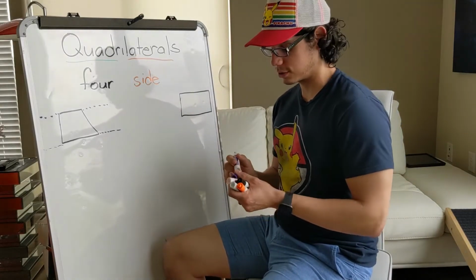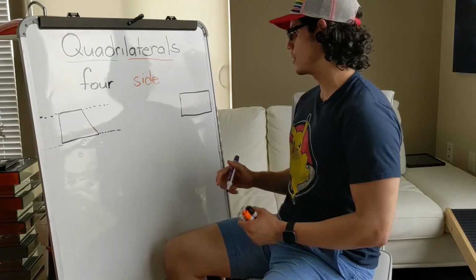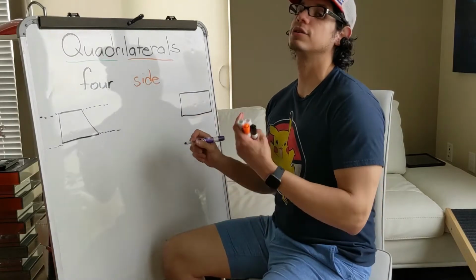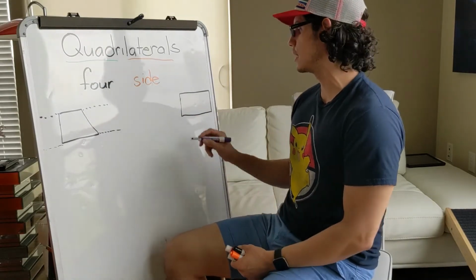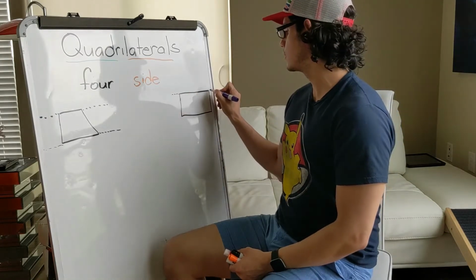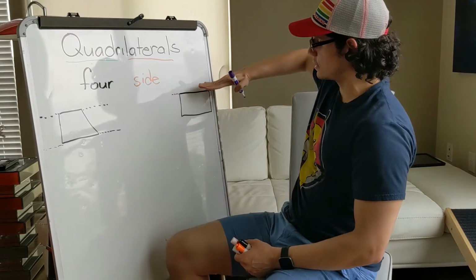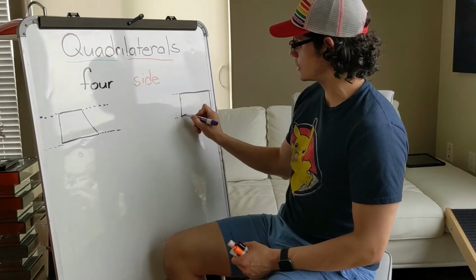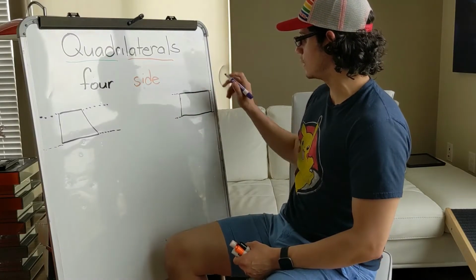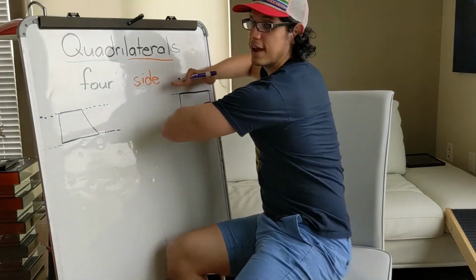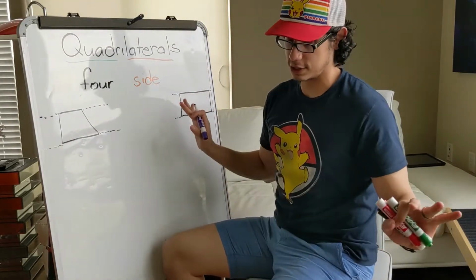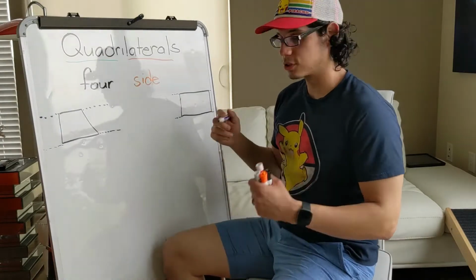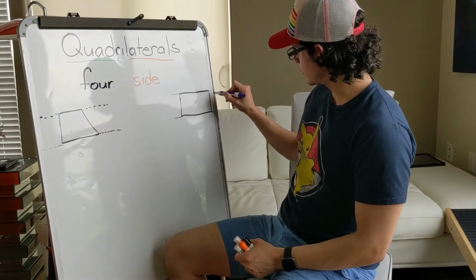Now rectangles have 2 pairs, so that means 4, 2 pairs of parallel sides. And that's going to be this side. So if I keep going with this side, and I keep going with this side to infinity, right? They're never going to touch. They're just going to keep going, and they're never, ever going to touch. But also, look at these 2 sides.